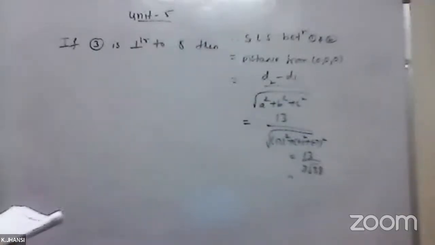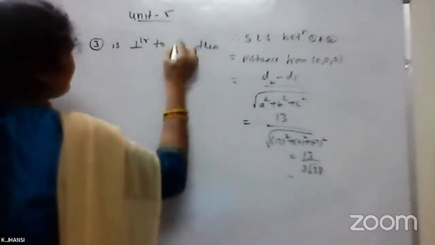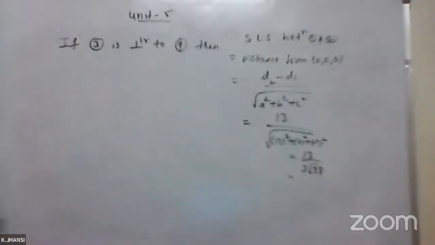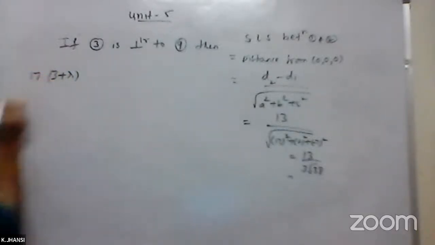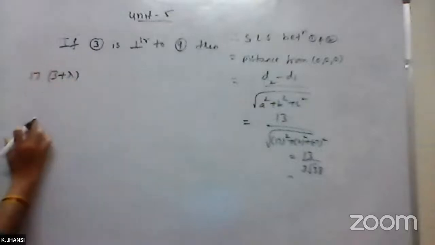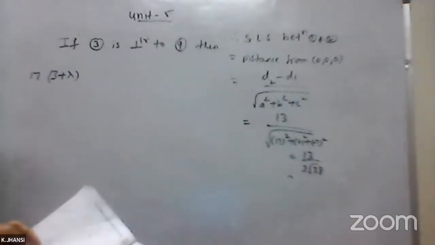Just now we got 9 and 10, no? So here you write the 9th equation, perpendicular to 9. Perpendicular to 9, the third equation is 3 plus lambda into x plus y into minus 9 plus lambda plus 5 minus lambda into z equals 0.